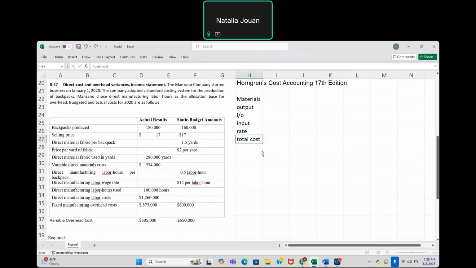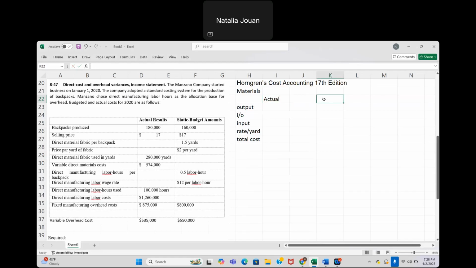Again, how many backpacks, how many yards of fabric per backpack, that will tell us the total number of yards times the rate per yard. Okay, in this case, we'll say per yard. That will give us the total cost. So let's cut this here. We're going to have actual numbers.